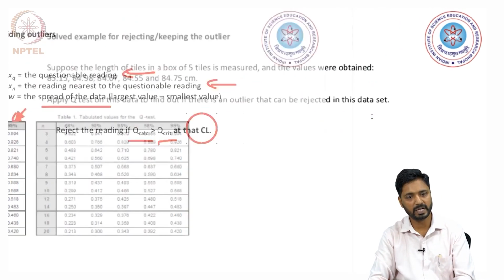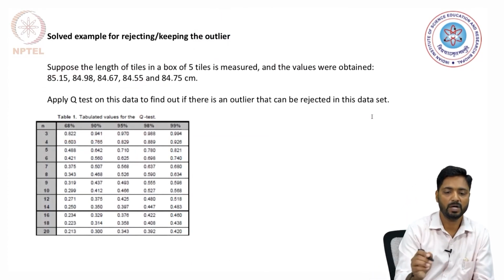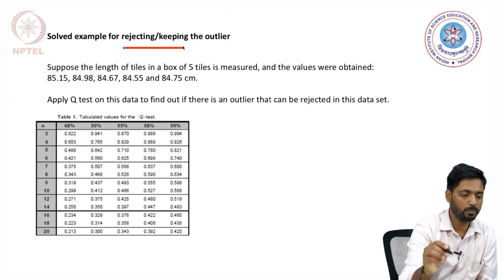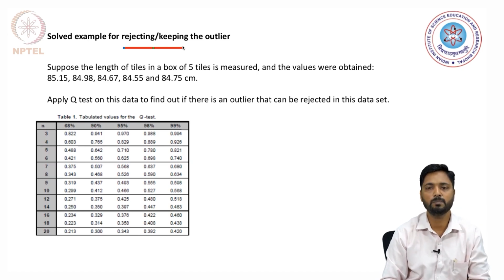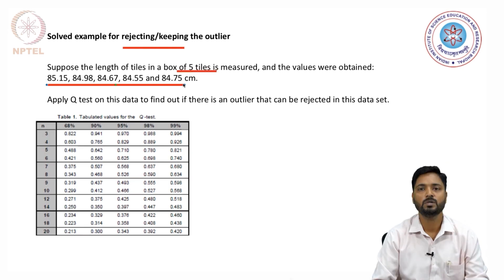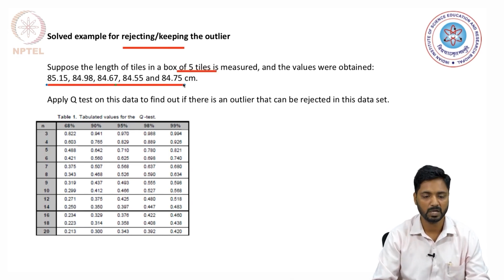Let us take a quick example where we are supposed to reject or keep an outlier. So, let us take a solved example to understand how the Q table can be applied for rejecting or keeping an outlier.